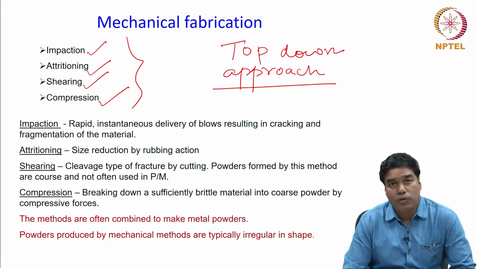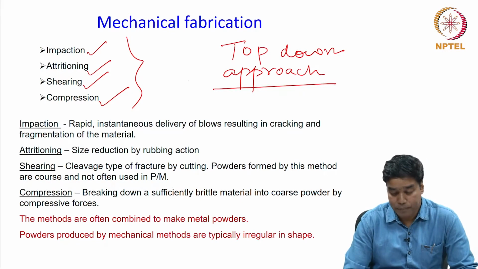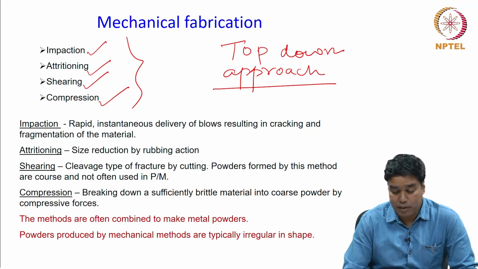And then you can also subject the material to shearing, which is a cleavage type of fracture by cutting. And in this case, the powders formed are coarse and not often used in powder metallurgy.